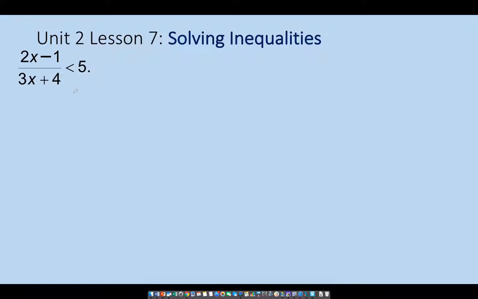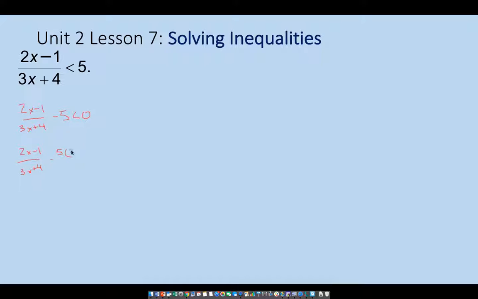We're going to just put everything on the left-hand side. And that will give us 2x minus 1 over 3x plus 4 minus 5 is less than 0. Now we're going to work all of this down. So I'll just keep 2x minus 1 over 3x plus 4. My common denominator between these two things would be 3x minus 4.